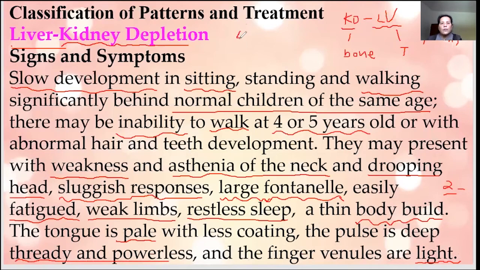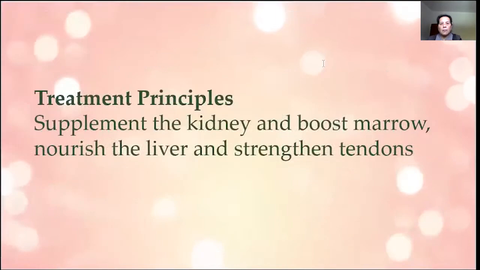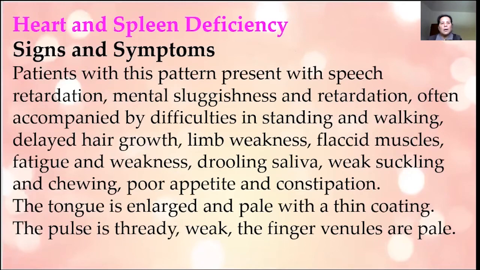We say five slow, five weak, that is generally the symptoms. As for the treatment principle, certainly we need to tonify the kidney, nourish the marrow, nourish the liver, and strengthen the tendons. I'm missing the treatment here.